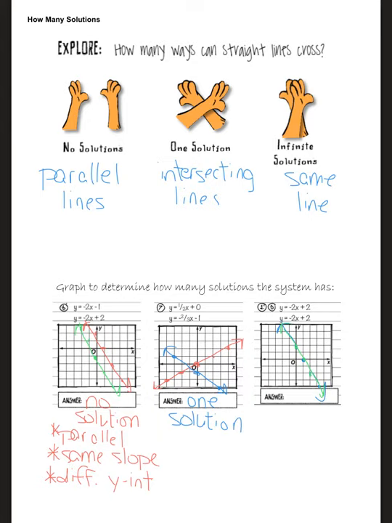Everywhere you can think of on this system is a point of intersection. So we say that this has infinitely many solutions. And as we talked about a minute ago, they're the same line. They have the same slope and the same y-intercept.